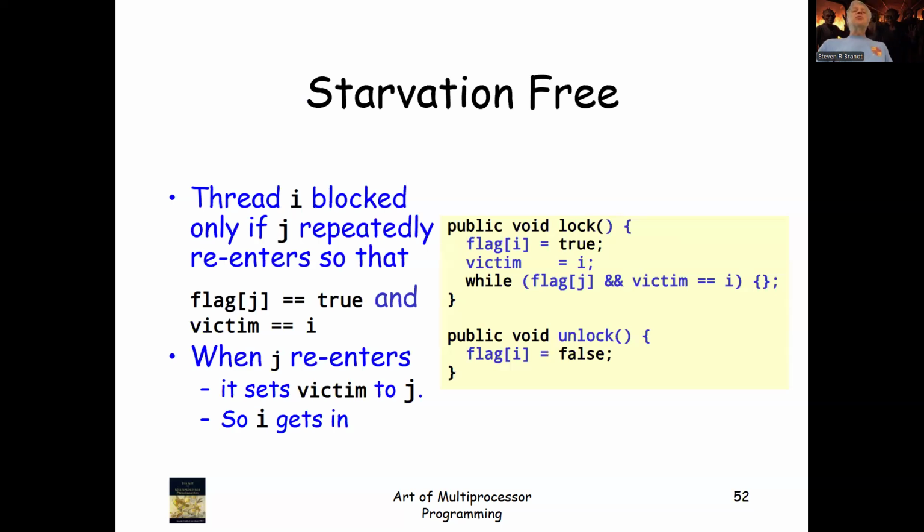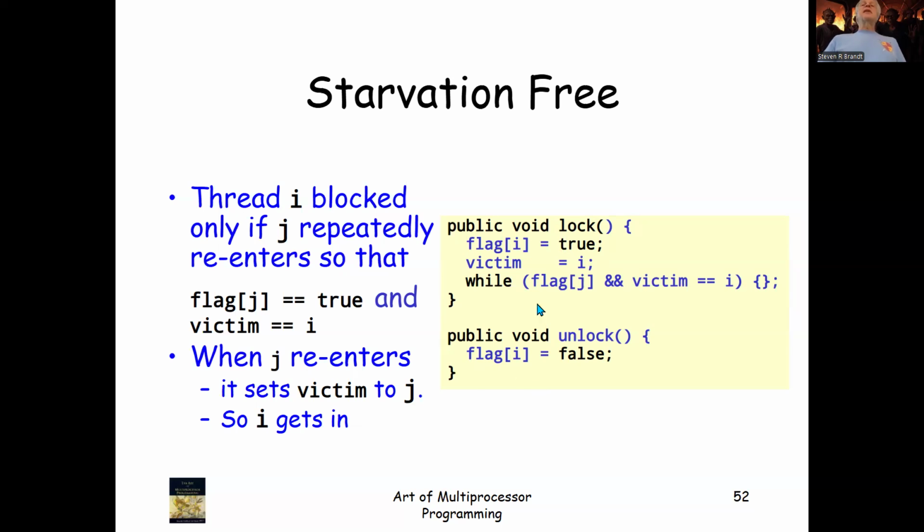Yeah, so what happens is in order to reacquire the lock, right? Okay, let's do this carefully. Thread 0 comes in, sets flag 0 equal to true, sets victim equal to 0. Thread 1 comes in, sets its flag true and victim equal to 1. Now the while loop hits and thread 0 gets through, because it's no longer the victim, and thread 1 is blocked. But as soon as thread 0 unlocks, it sets its flag to false.